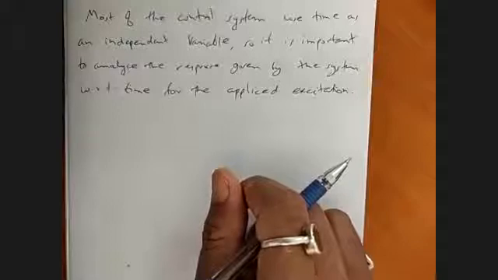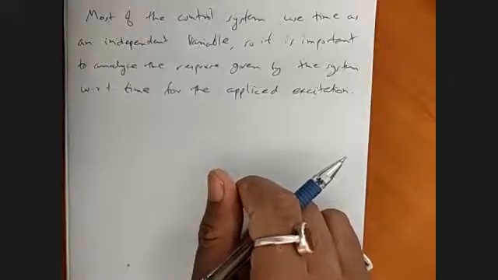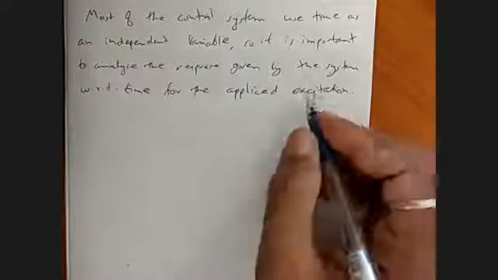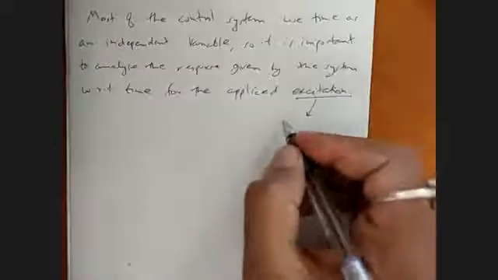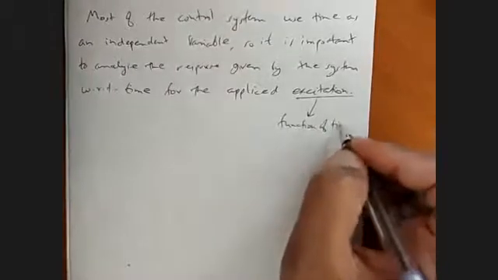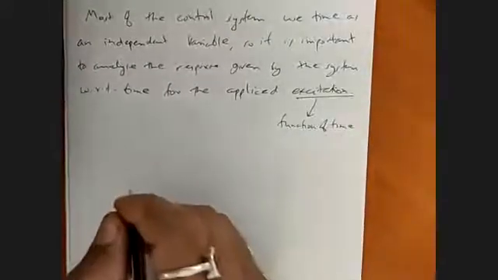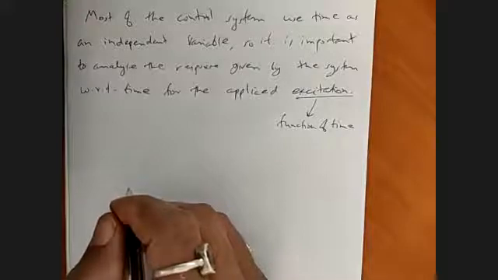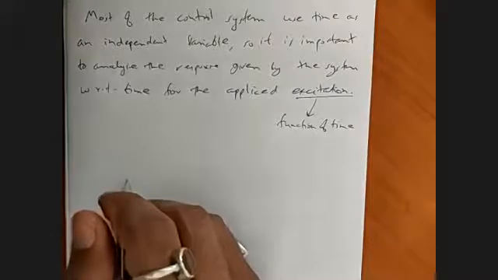How the system will be behaving with respect to time is known as time response analysis or time domain analysis of the system. Generally, the excitation is a function of time, and we have to find out how your system will be behaving with respect to a particular excitation.